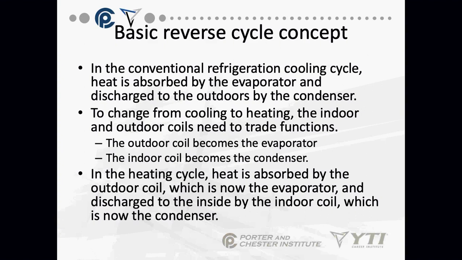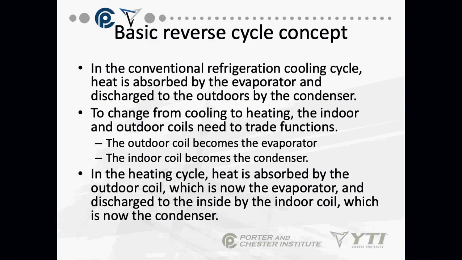In the conventional refrigeration cooling cycle, heat is absorbed by the evaporator, which is the inside, and discharged to the outdoors by the condenser. To change from cooling to heating, the indoor and the outdoor coil need to trade functions. The outdoor coil becomes the evaporator. The indoor coil becomes the condenser.